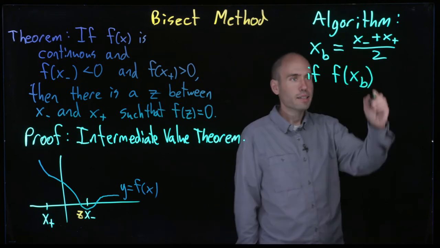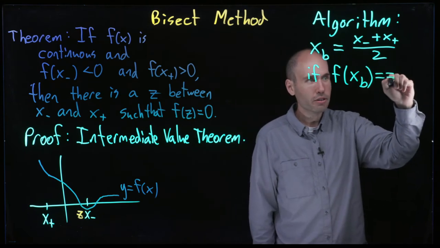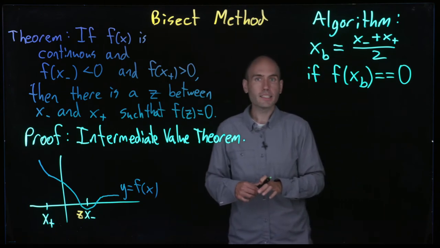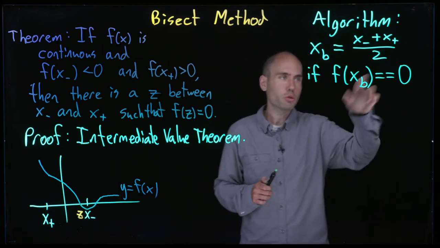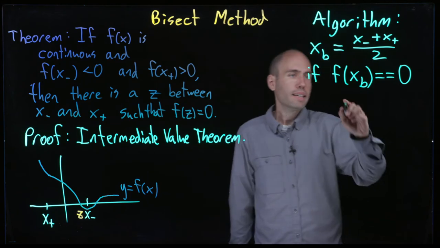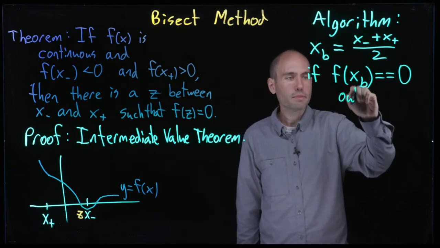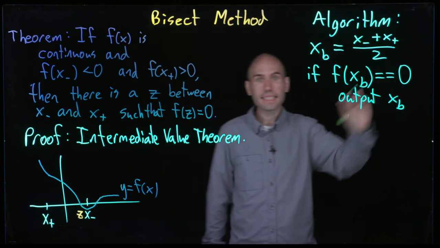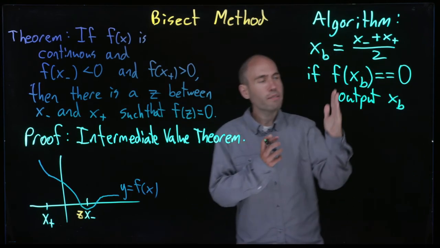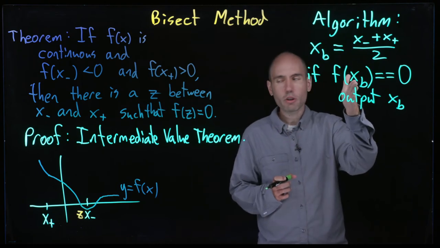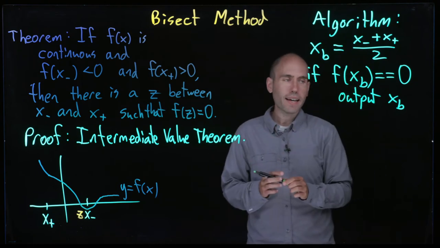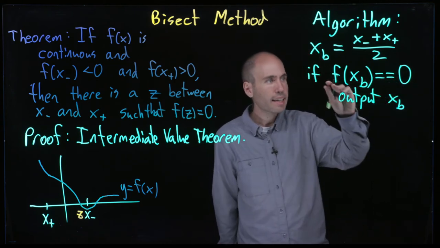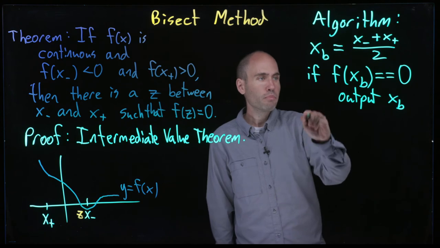If f of x bisect is exactly 0, even though I'm doing pseudocode, I'll write it with 2 equal signs just to remind you that's how we do true-false equality, then we want to output x bisect. The reason I usually skip this step is because we never expect to find a 0 exactly. We just expect to find it up to some error threshold. So this is a little unrealistic.